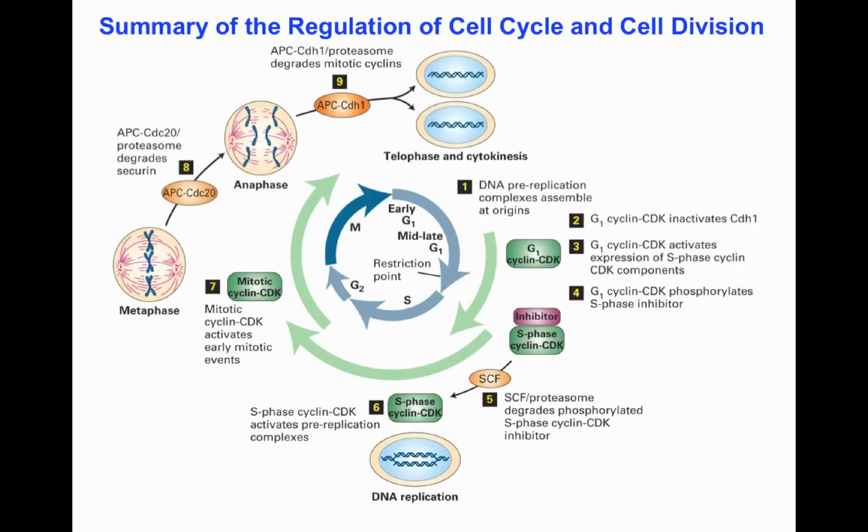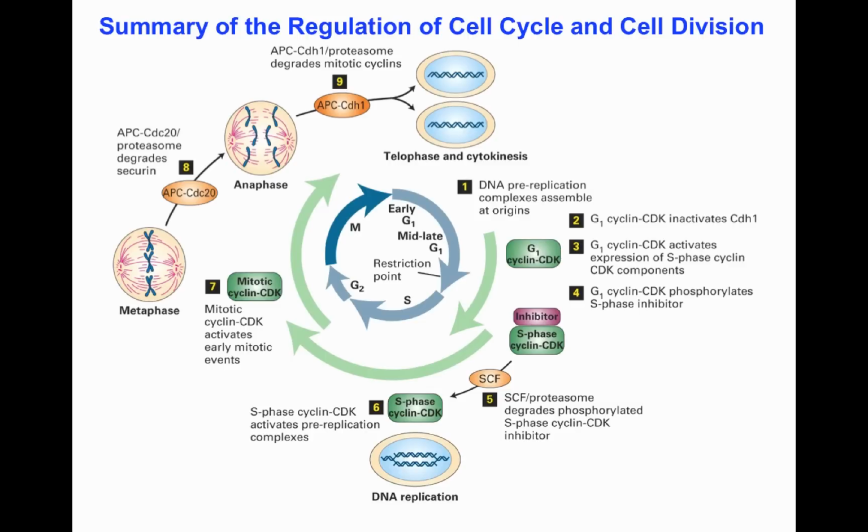So what we have shown here is that the stages of the cell cycle will mediate the function of the cell, allowing the cell to divide into two independent daughter cells. So like I said, to summarize, number one, you have the formation of the pre-replication complexes assembling at the origin, and that is happening in the early stages of G1.